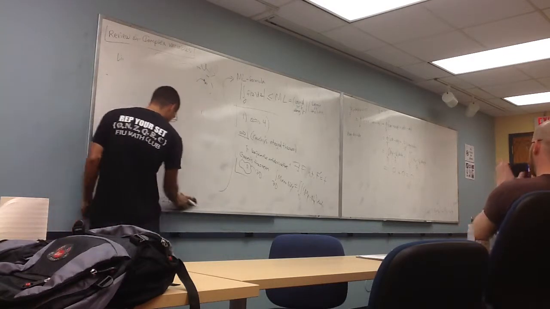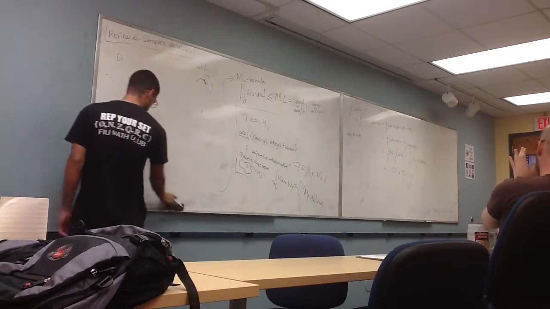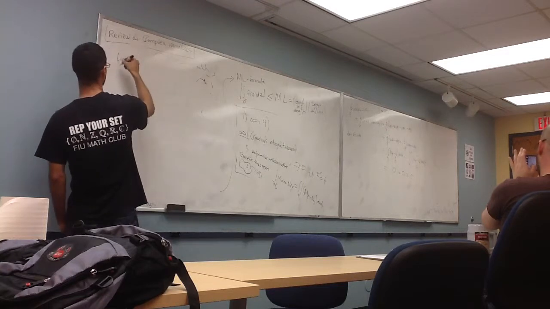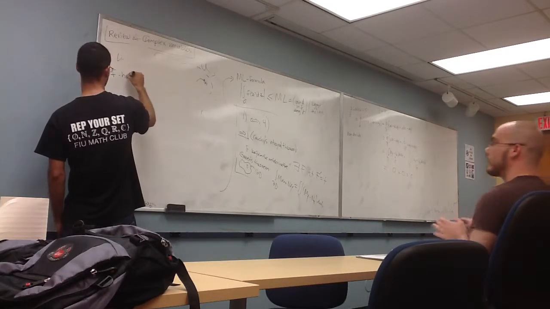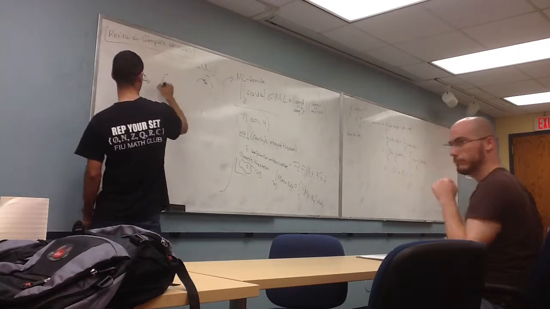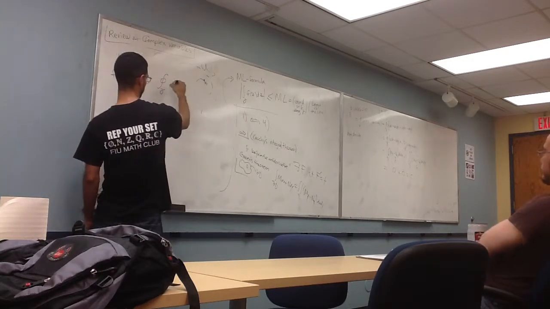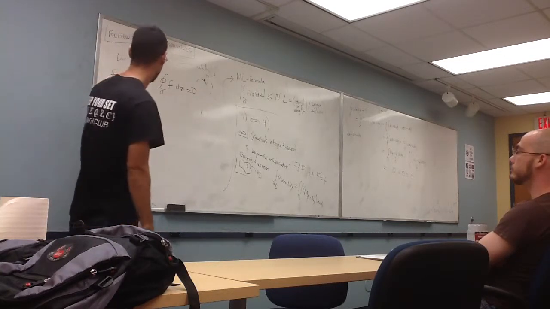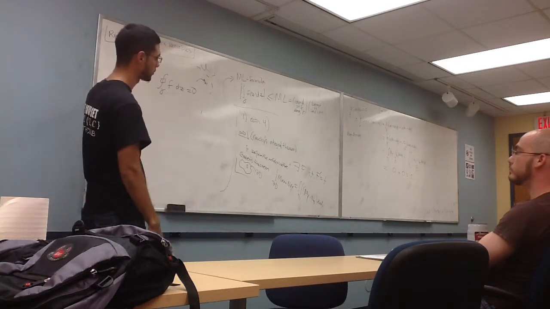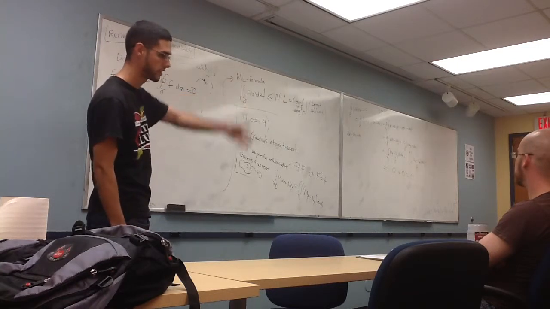I just showed that f holomorphic implies that the integral around any closed C1 curve is 0. As you can see, if f is holomorphic, it satisfies the Cauchy-Riemann equations, and they just show up right there, and the integral is 0.